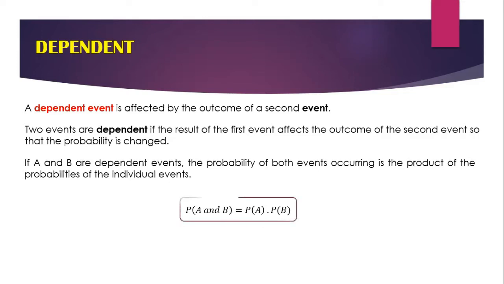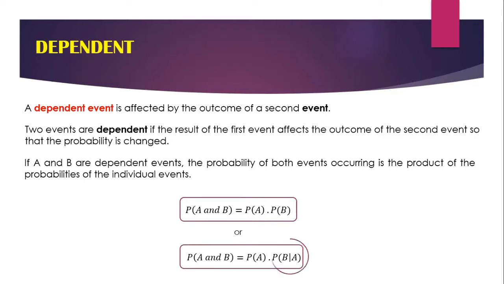Generally, we can define probability A and B as probability A times probability B given A. This B given A means the probability of event B given A. Dependent probability is commonly called conditional probability.